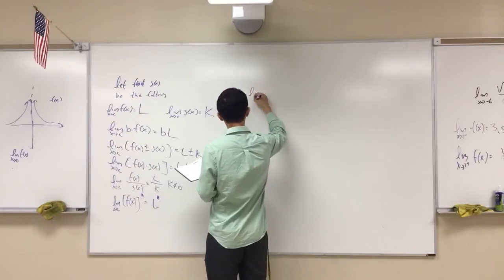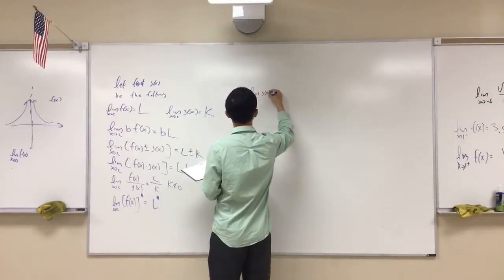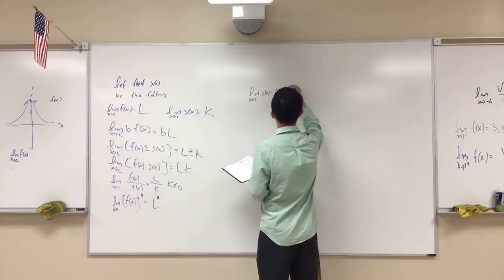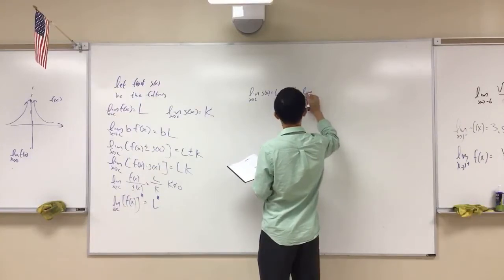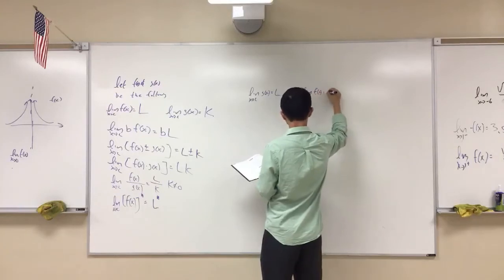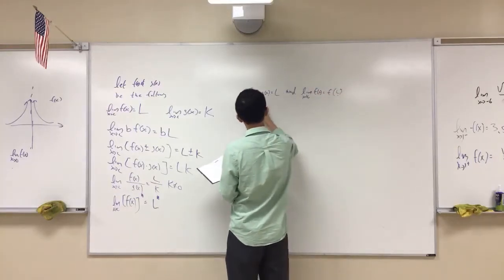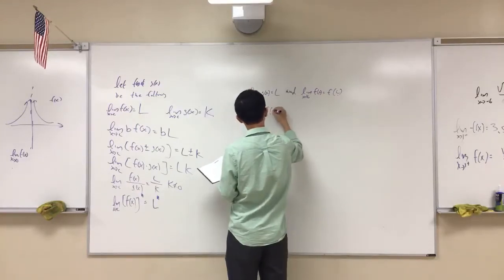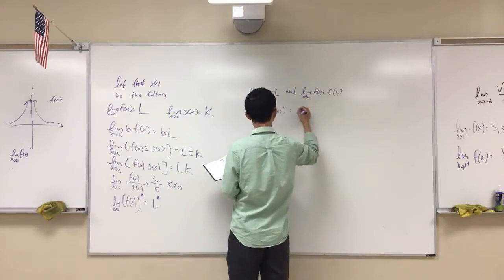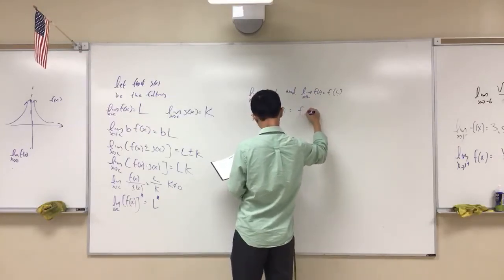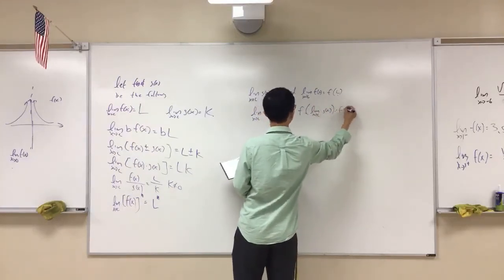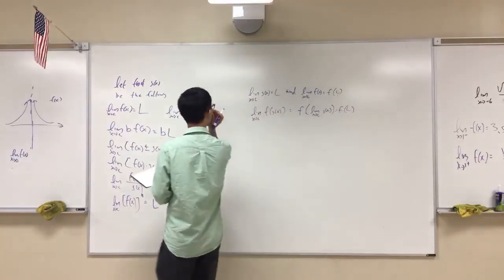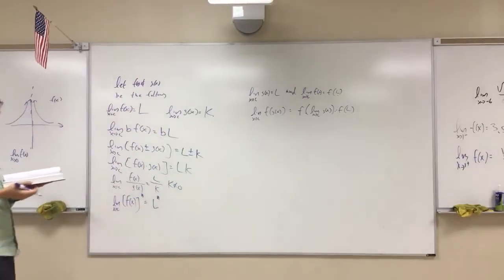If the limit as x approaches c of g of x is equal to L, and the limit as x approaches L of f of x is equal to f of L, therefore the limit as x approaches c of f of g of x, that means f of the limit as x approaches c of g of x, is equal to f of L. Which just makes sense. You just put inside and outside, and that's it.